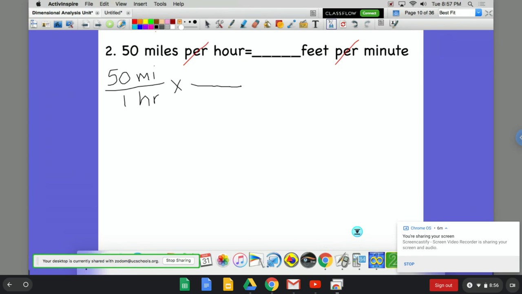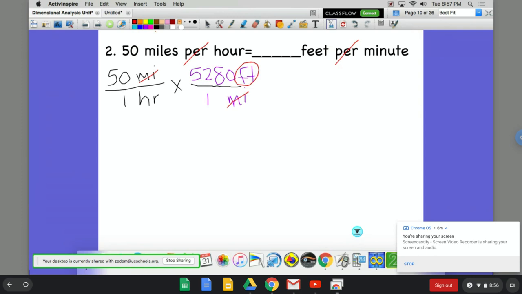I'm going to choose miles again. So I'm going to write miles on the bottom since it's on the top, so it'll cancel out. And then we know 1 mile is 5,280 feet. So now miles cancels. We have feet, which is what we want.